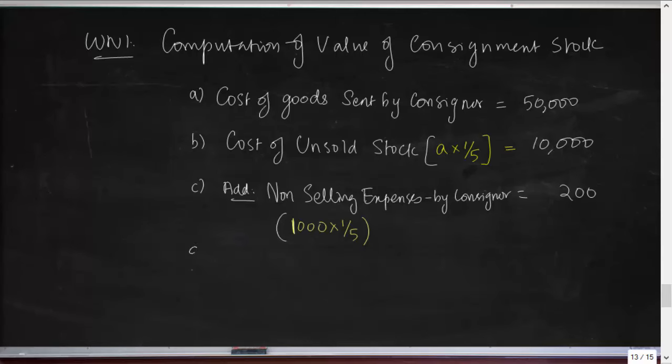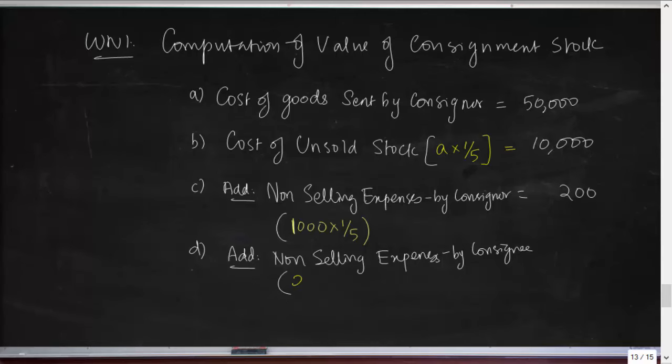Similarly, we should also add non-selling expenses by consignee. If you notice, consignee has incurred 2000 plus 800, but what we are going to consider is only 2000.